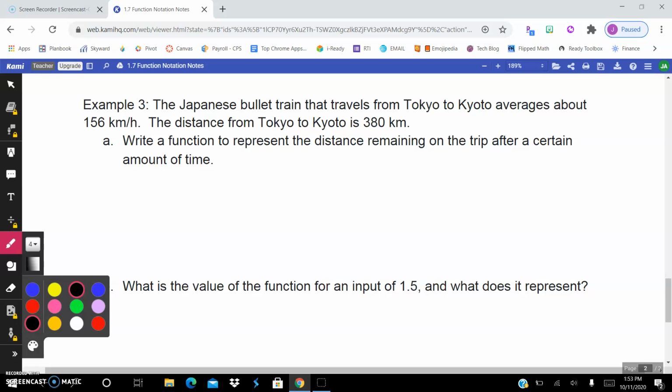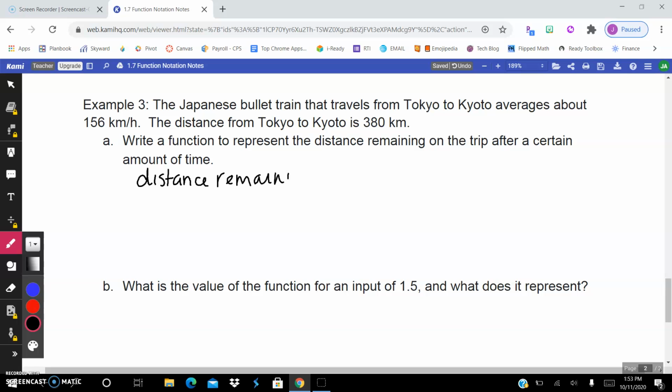So our answer is going to be the distance remaining. So the distance remaining is our answer, is going to equal our total distance that we have to travel and then minus the distance we've already traveled.